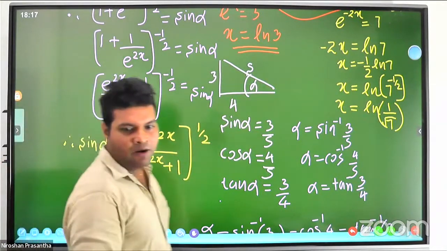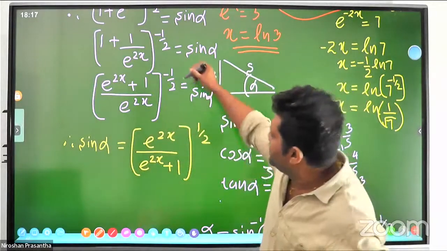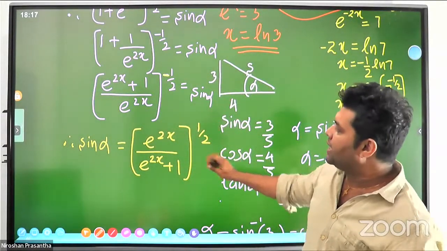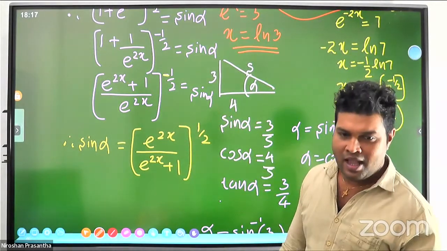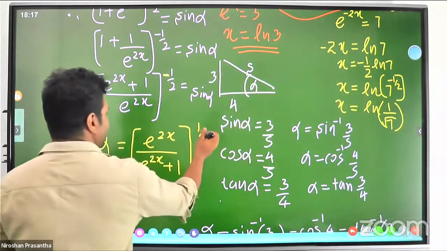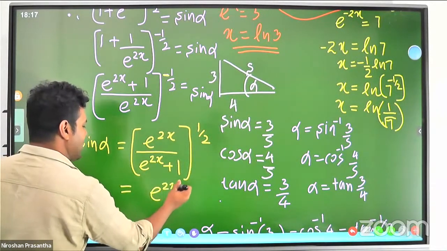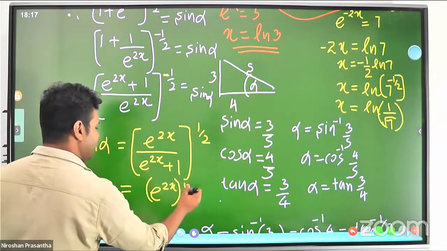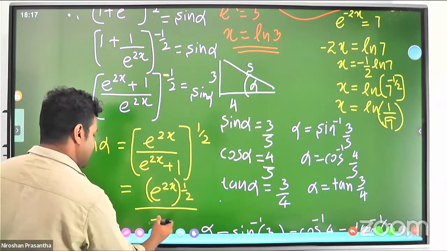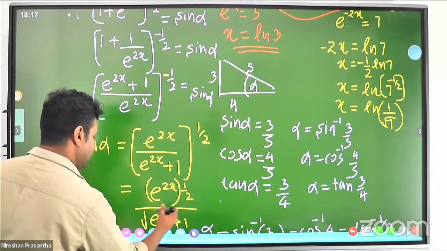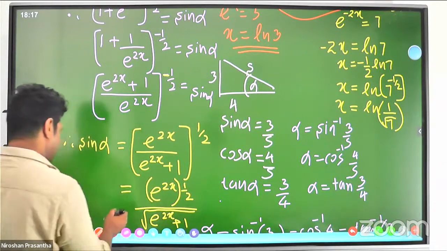Now I got rid of the negative symbol; instead of the negative mark, I got a positive one by taking the reciprocal. And not only that, what is the power half of e to the 2x? It is written further as e to the x, and the power half over the square root of e to the 2x plus 1. Do you agree with this? I want to ask you.